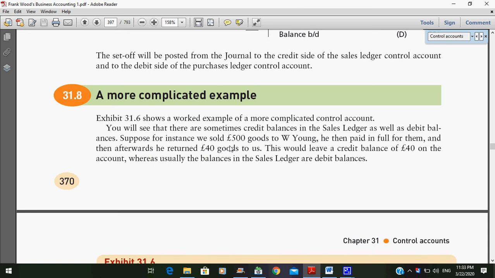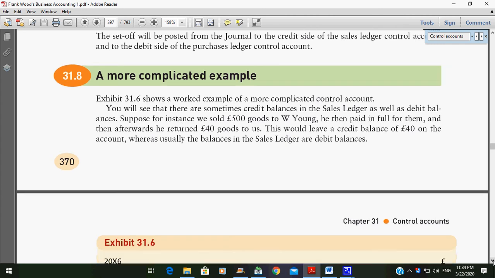He then paid in full for them. And then afterwards he returned 40 goods to us. This would leave a credit balance of what? 40 on the account. Whereas usually the balances in the sales ledger are what? Debit balances.